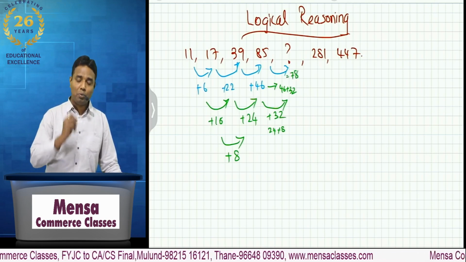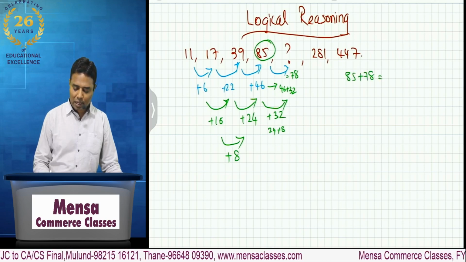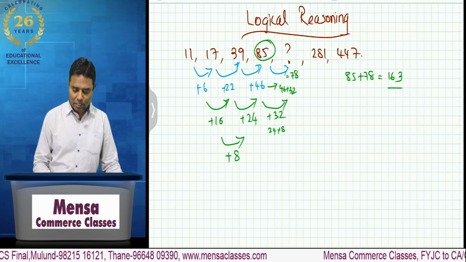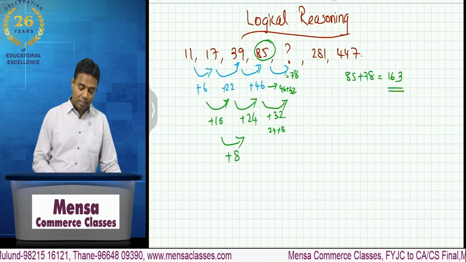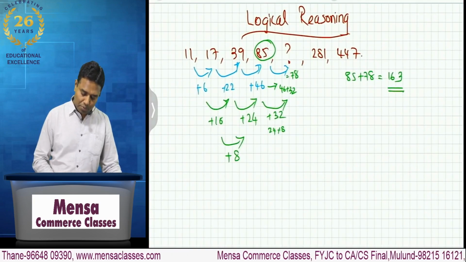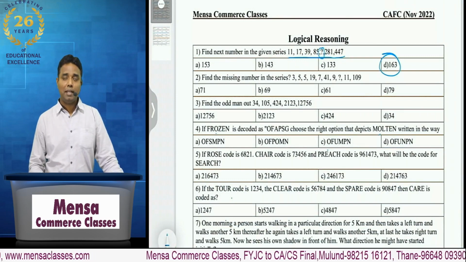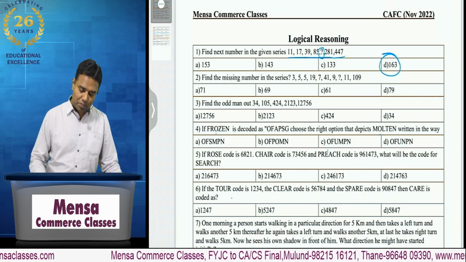Fine, we are going backwards. So finally 85 plus 78 is nothing but 163. That is our option number D. Got that? Next, let's move on to the next question.